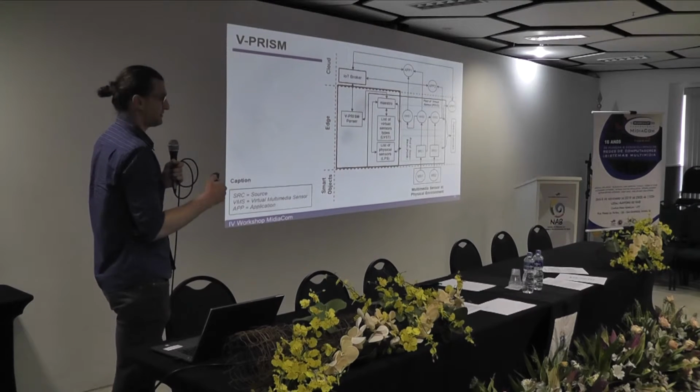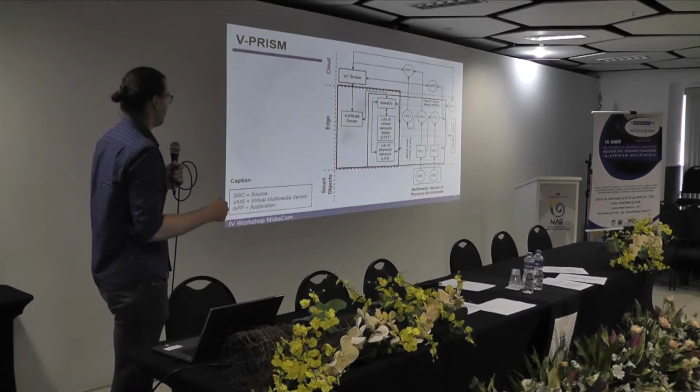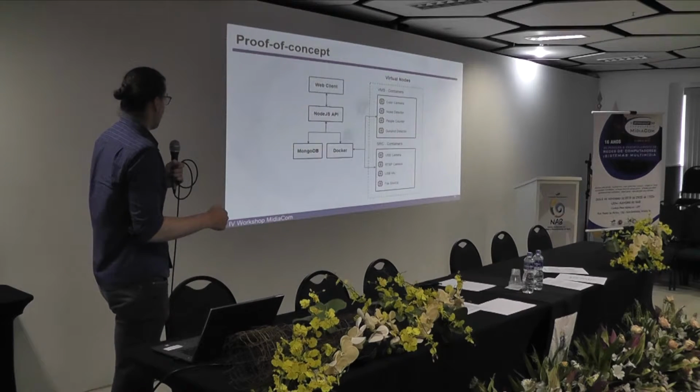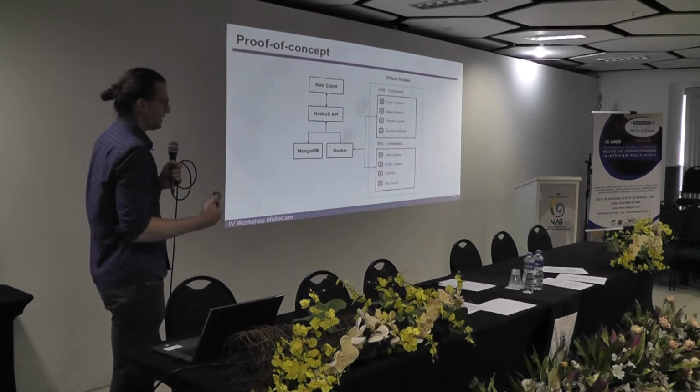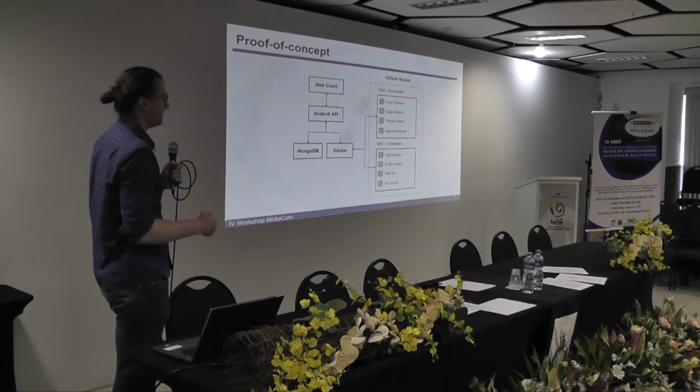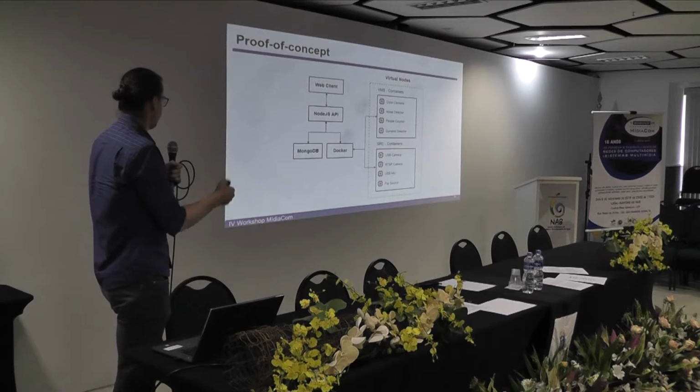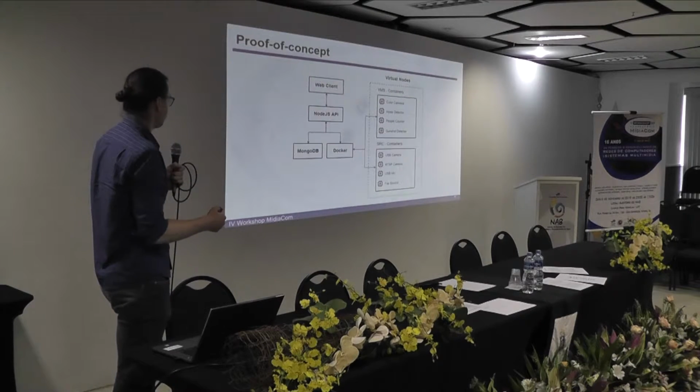To test this architecture, we developed a proof of concept, and here you have an overview of it. Our virtual nodes, in this case our VMS and the source, are Docker containers running the processes that are our VMS and our source.